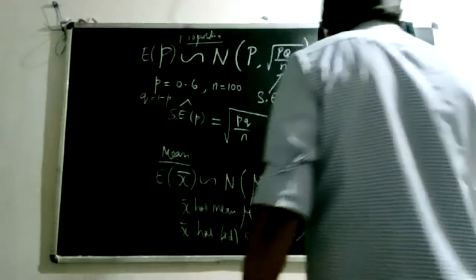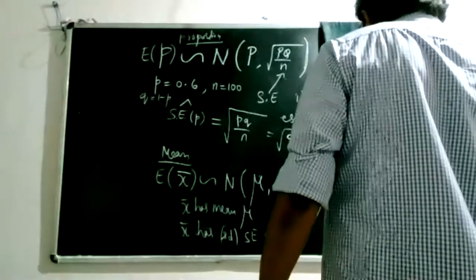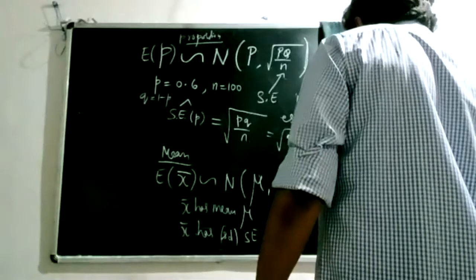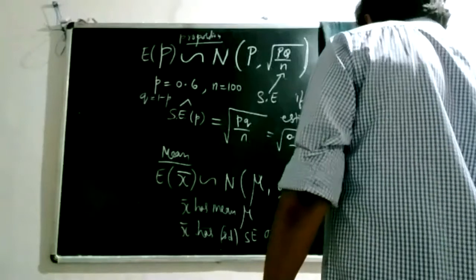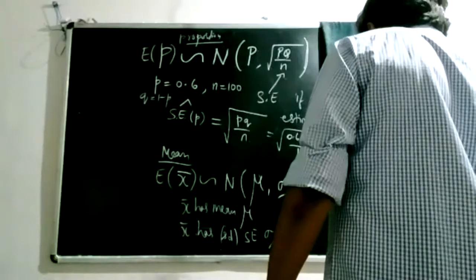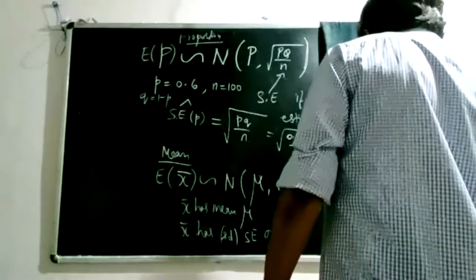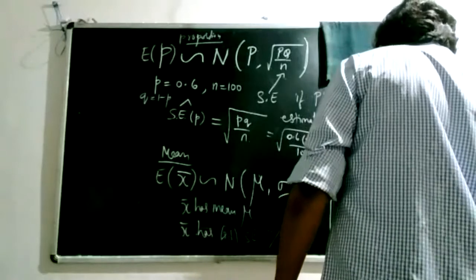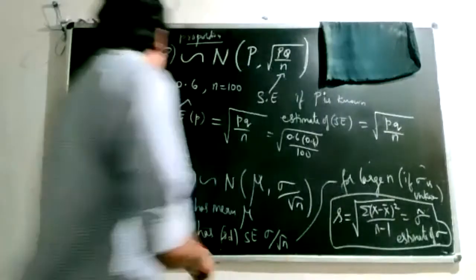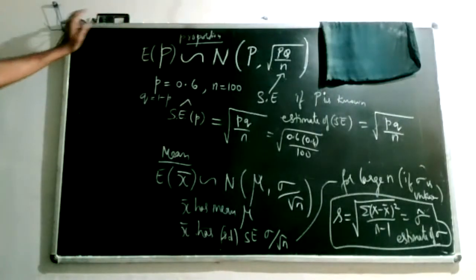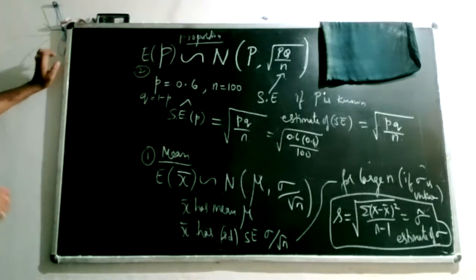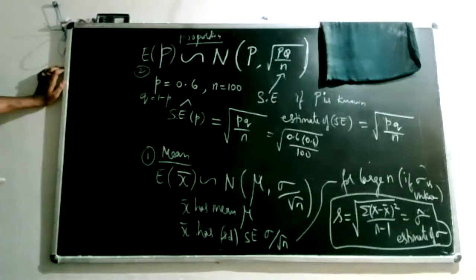For large n, only for large n, if sigma is unknown, you can use s equal to the square root of the sum of (x minus x bar) whole squared by n minus 1 to obtain the estimate of sigma. This is called the estimate of sigma, and statistically speaking, that is called an unbiased estimate. So do not worry. One problem could be on this case: mean and standard error of proportion, mean and standard error of sample mean.